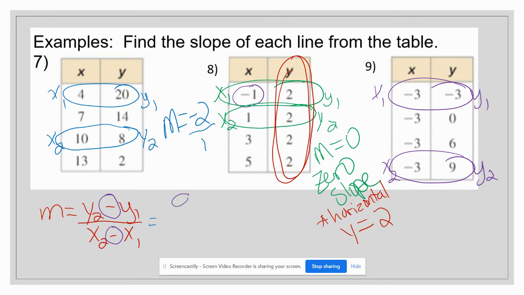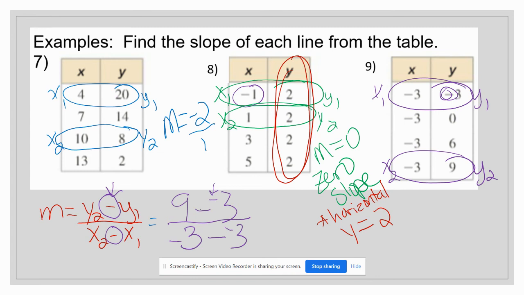So our y2 is 9 minus our y1 is negative 3. So remember, this minus right here comes from here, and then this minus comes from the negative with the 3. On the bottom, we have negative 3 minus x1 is negative 3.